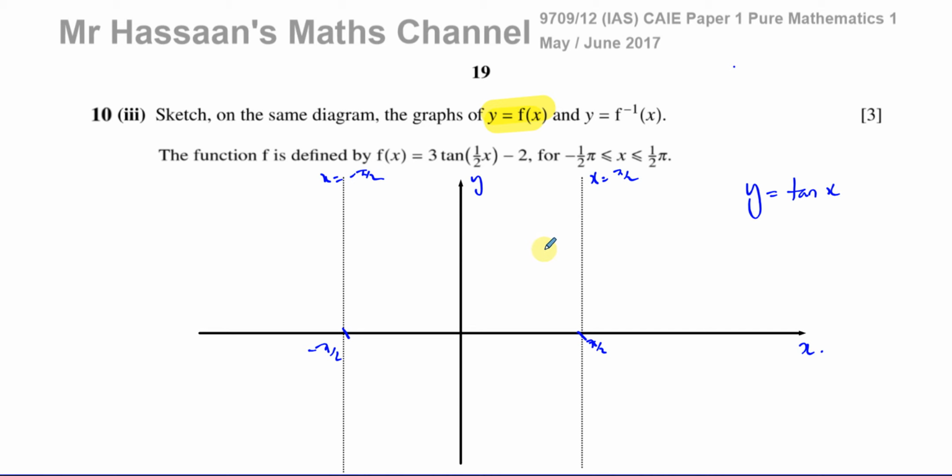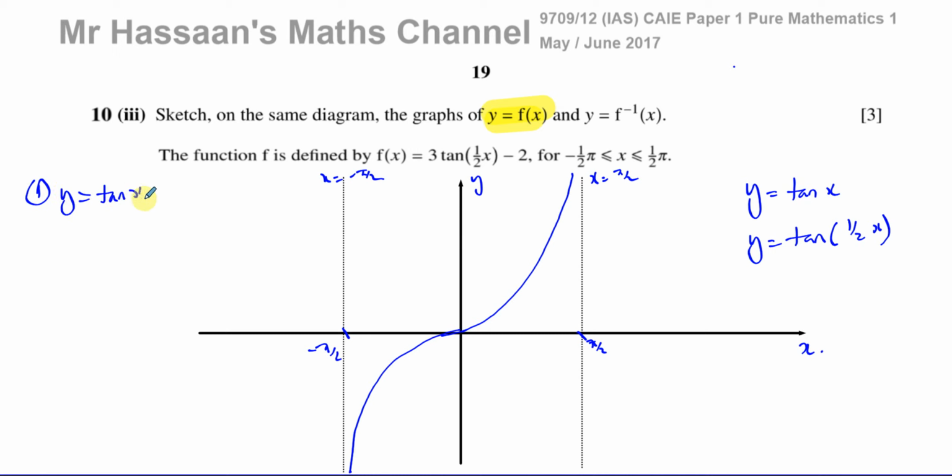All right, so the tan curve will look something like this. I'm just making a sketch of it. So that's y equals tan x. Now we've got y equals tan of a half x. We always start with what's inside the function. So first, y equals tan x, that's drawn.